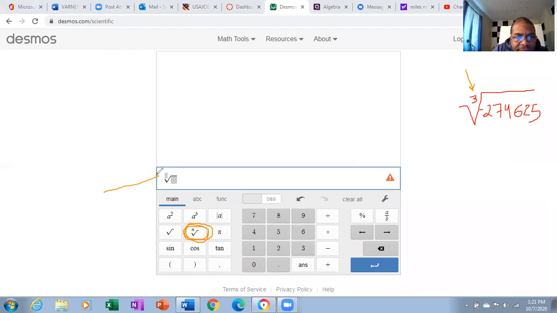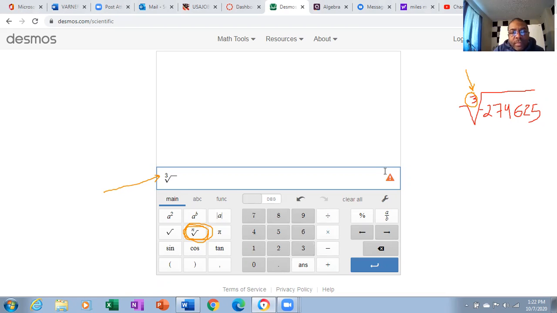So the index goes right here. So what is our index? Our index is the 3. All right. So since that's our index, we're going to type in the index. Oops, it's in the wrong space. So I'm going to backspace and hit the button and click here and I can put in the index.